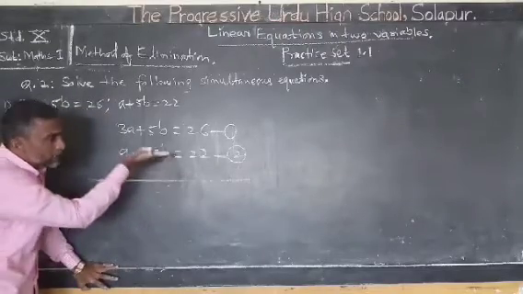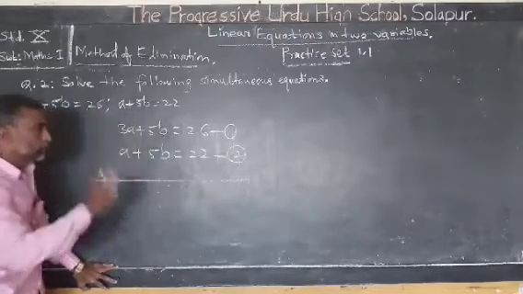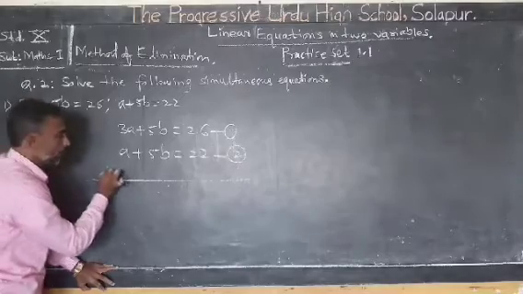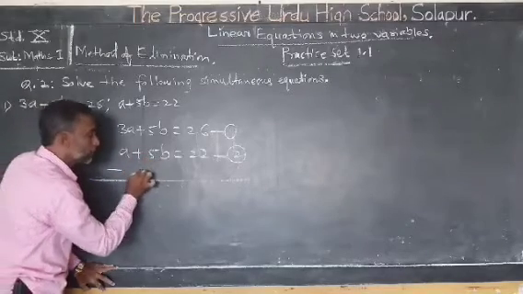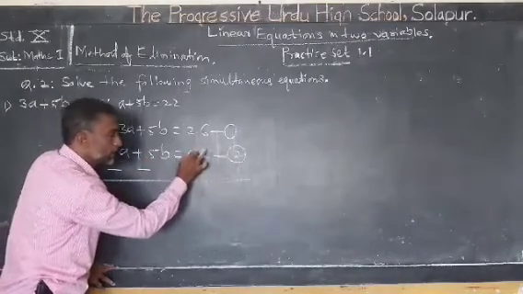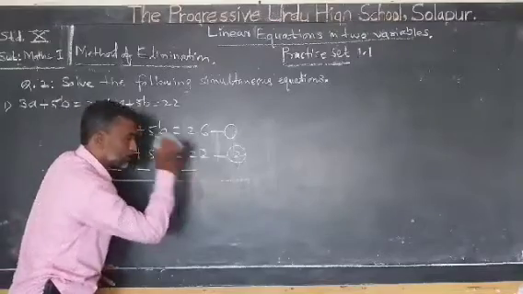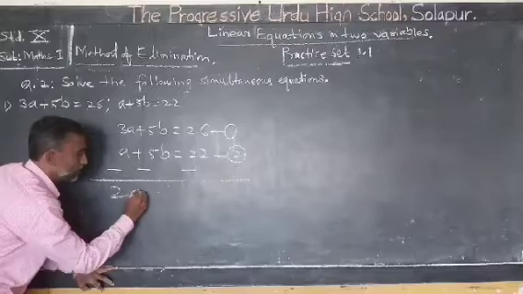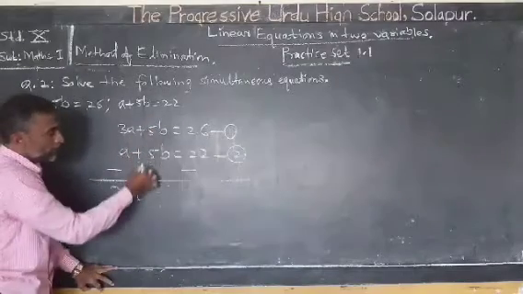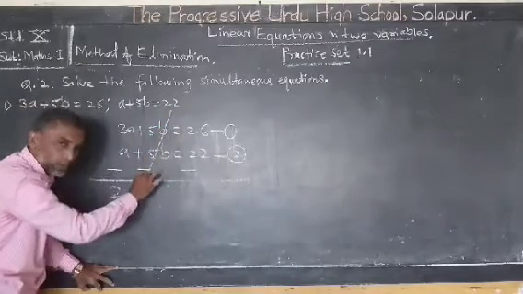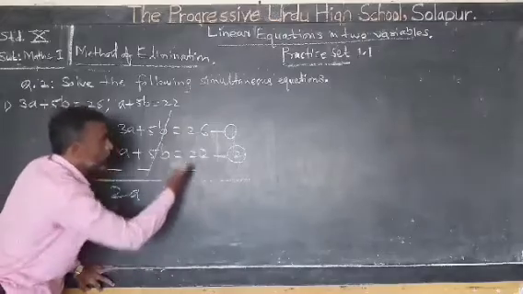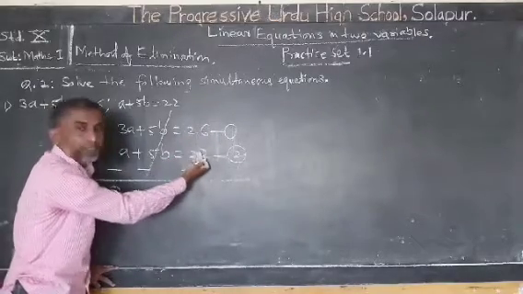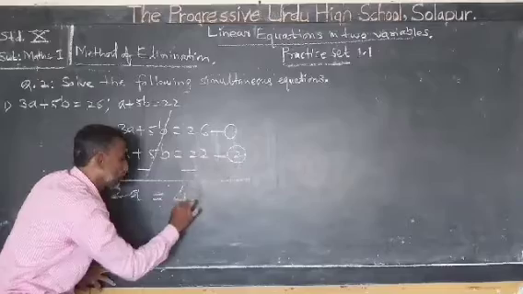Therefore, subtract equation 2 from 1. I am going to subtract: minus a, 5b becomes minus 5b, and plus 22 becomes minus 22. Now, 3a minus a, 2a will remain. Plus 5b minus 5b becomes 0, is equal to 26 minus 22, that is 4.